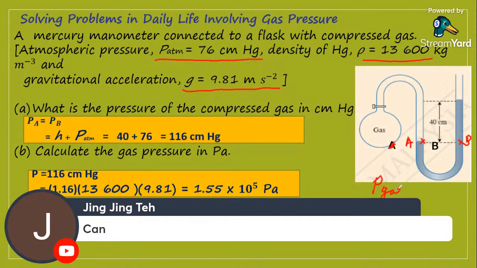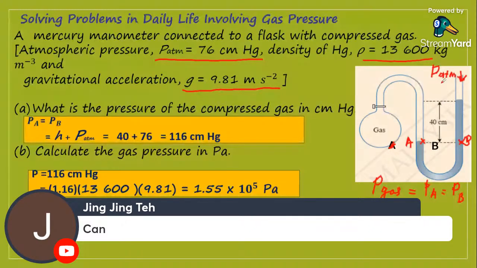Pressure of the gas equals pressure at A, and pressure at point A equals pressure at point B. So we can say pressure of the gas equals pressure at point B. Pressure at point B is caused by everything above the point. So this arm is open to air, which means there is atmospheric pressure.